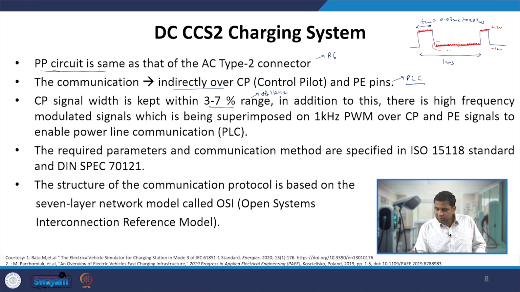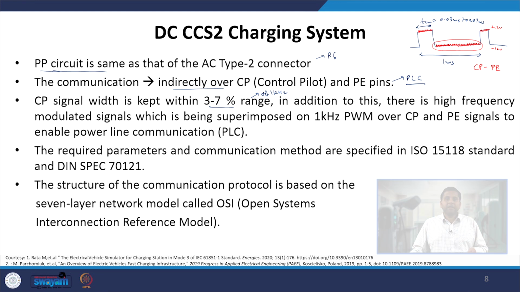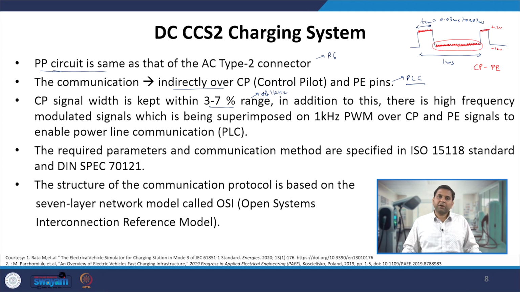Now this high frequency modulating signal, which is being superimposed over the CP and PE line on the 1 kilohertz PWM, is similar to the power line communication which takes place in the transmission system, where high frequency signals are superimposed onto the power lines.